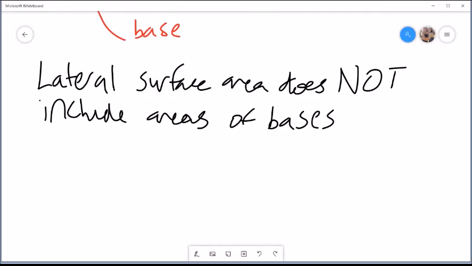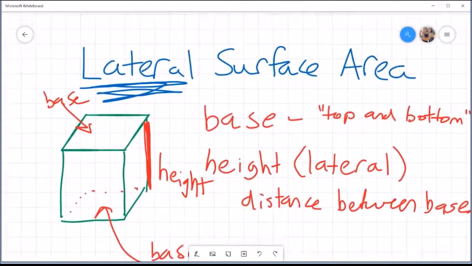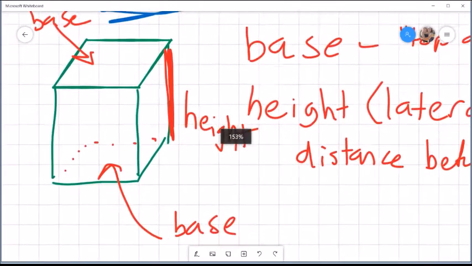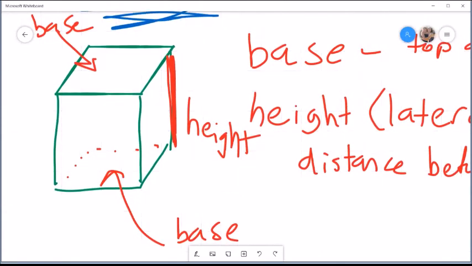So in the case of our shape right here, that means that we're not going to count this right here, and we're not going to count this here. We're just looking at the 1, 2, on the side 3, on the side 4 rectangles around the outside.